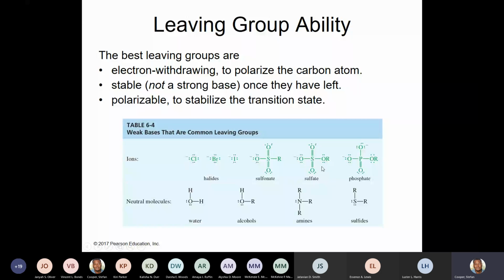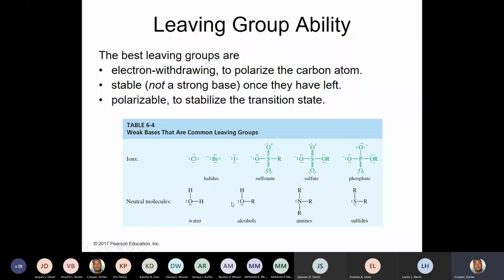So if you look at the potential leaving groups here, chlorine, bromine, iodine, these are atoms. They're electronegative. They like to have a negative charge. The sulfonate, the sulfate, and the phosphate have these oxygen double bond structures, right? And so they have the ability to delocalize negative charges through resonance. And so they make themselves to be very good leaving groups.